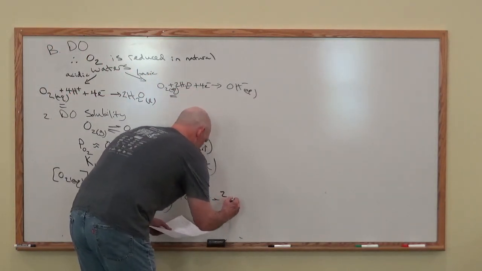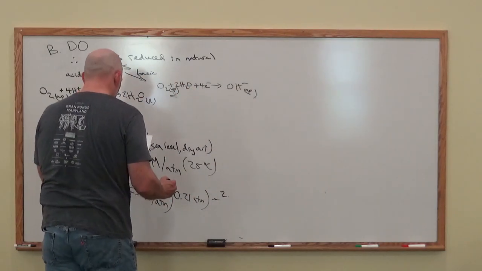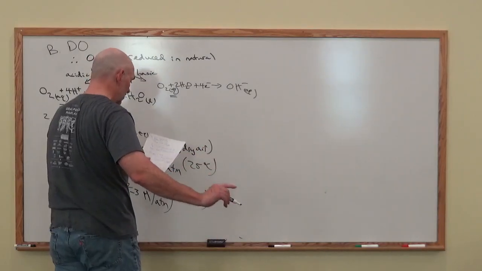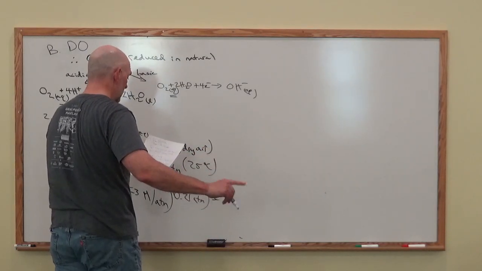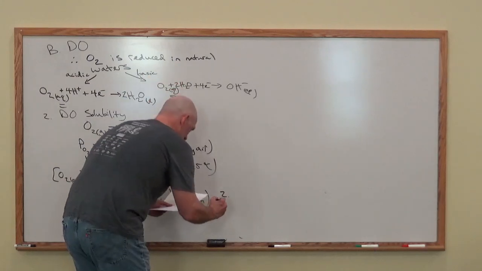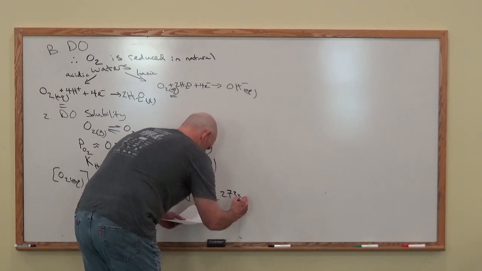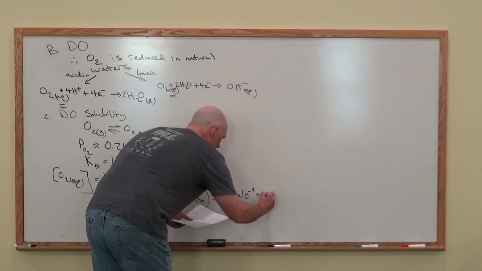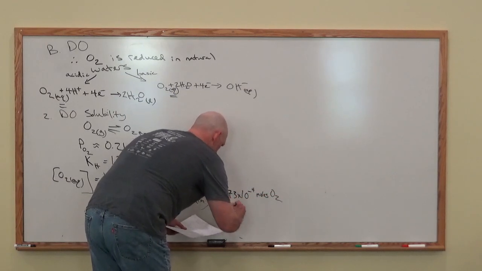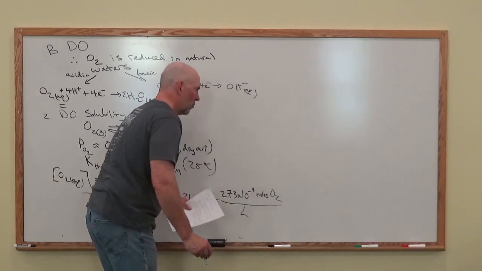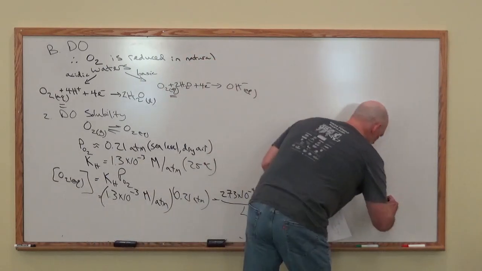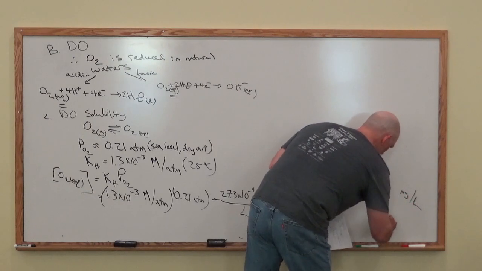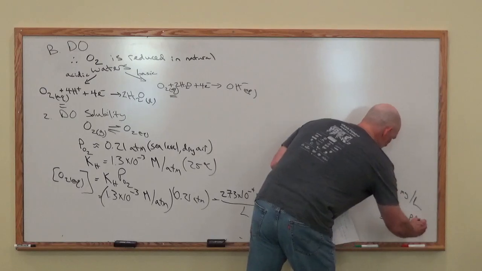I did pretty sloppy significant figures, but I'm going to round to 2 significant figures at the very end. So 2.73 times 10 to the minus 4 moles of oxygen per liter, and we want milligrams per liter, which is the same thing as ppm.